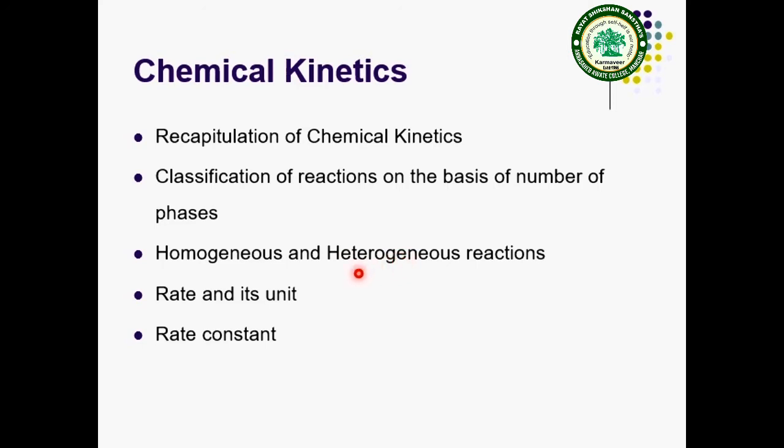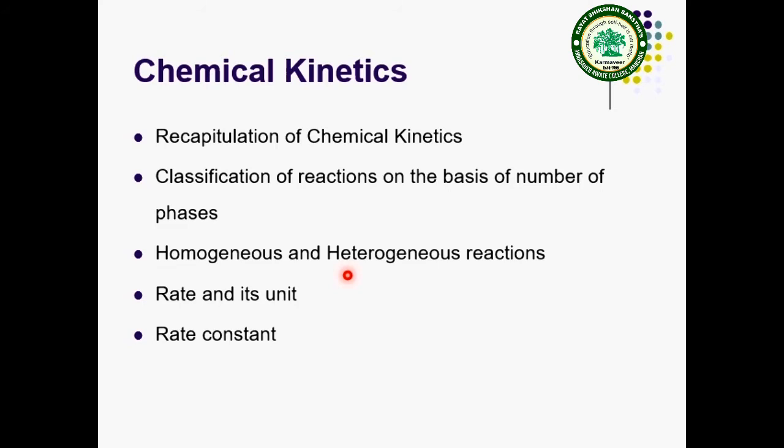For example, if you take the reaction of decomposition of calcium carbonate, that is the thermal decomposition, then we get the product as calcium oxide and CO2. In this reaction we found calcium carbonate is in solid phase, calcium oxide is in solid phase, and CO2 is in gaseous phase. So this is the example from heterogeneous reactions.